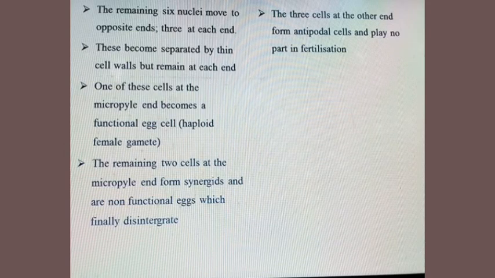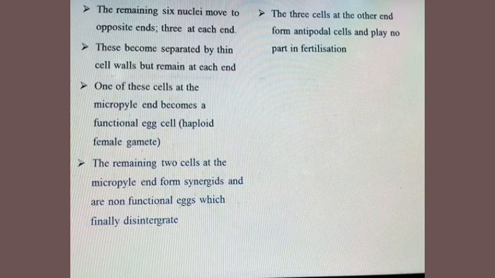So when you compare formation of pollen grains and formation of ovules and the embryo sac, you see that formation of ovules and the embryo sac looks a little more complicated than formation of pollen grains.